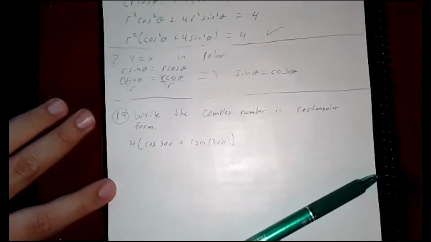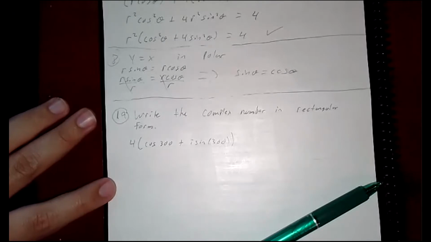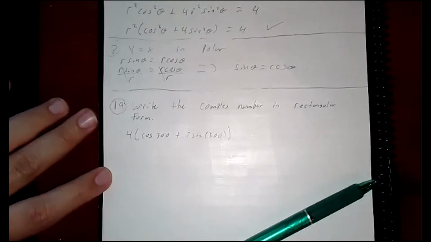So cosine of 300, that's going to be about 1/2, right?